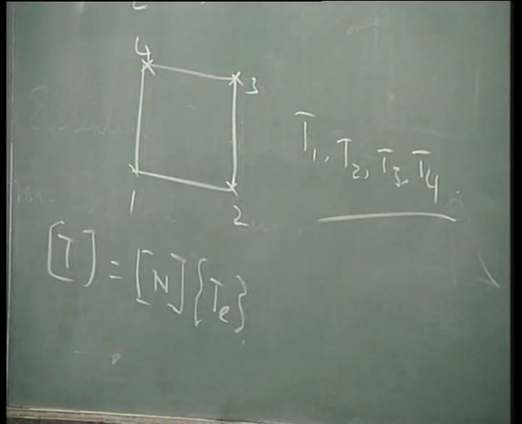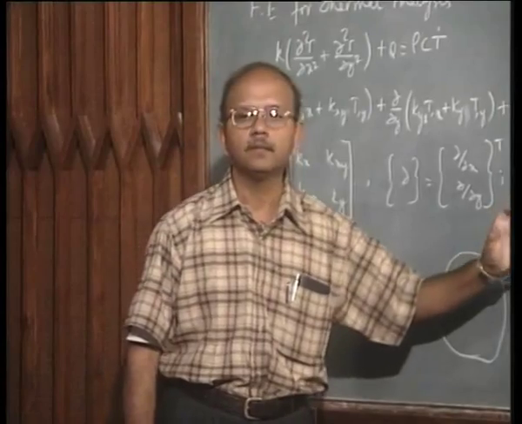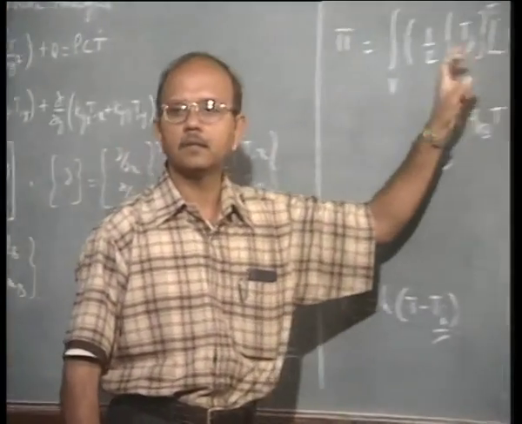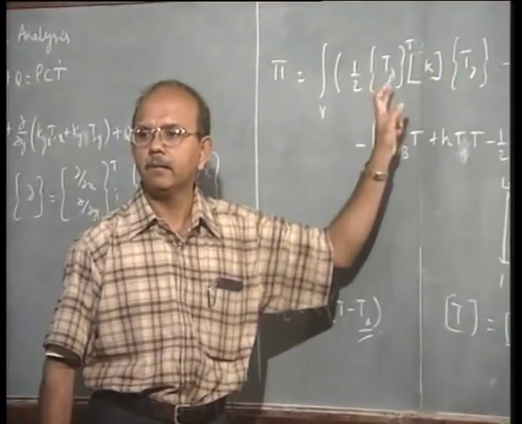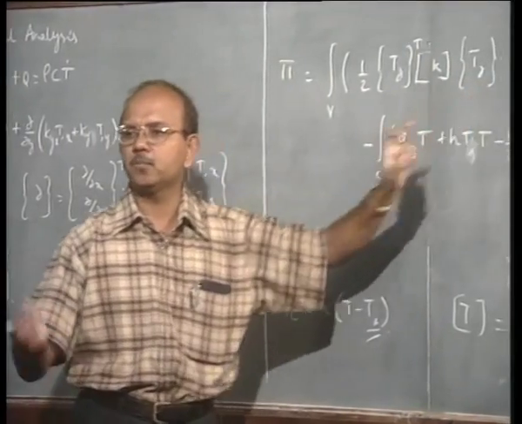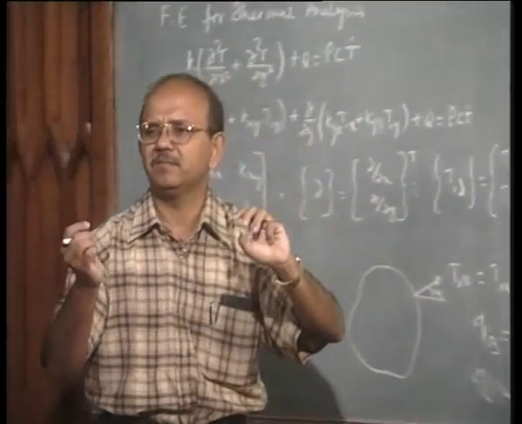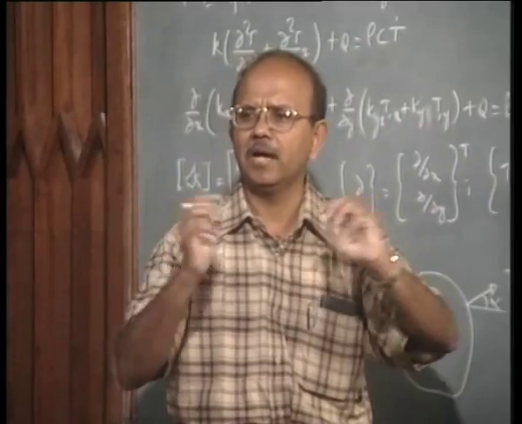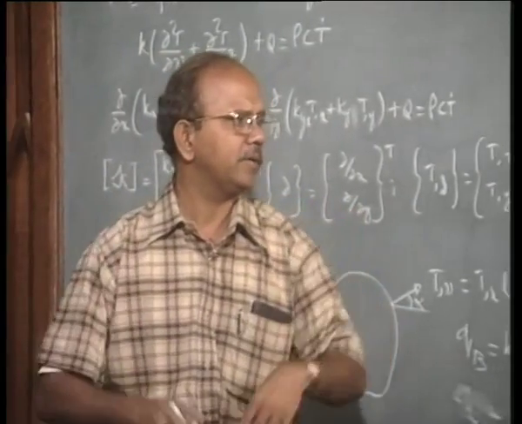Now, what else do we need in this? Look at the functional and look at this. What else do we need? What is my strategy? Let us first understand my strategy. I will do that in the next class, but let me explain the strategy.